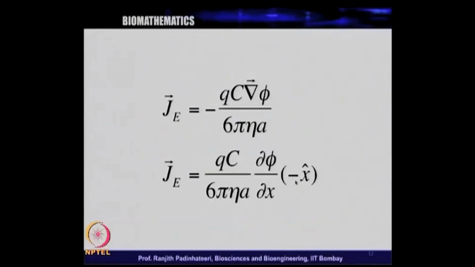This only means that this current is along the minus x direction. That is what we have been telling all the while, that the current is along this particular direction.